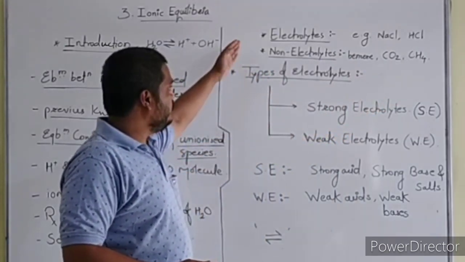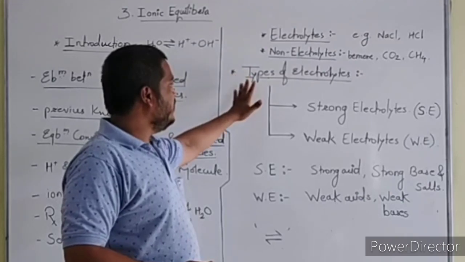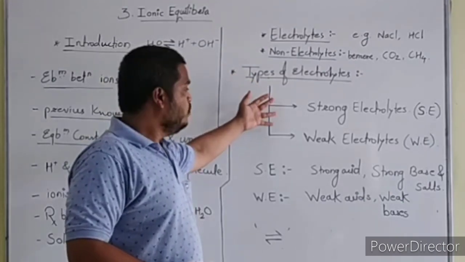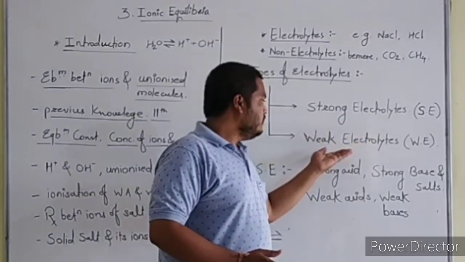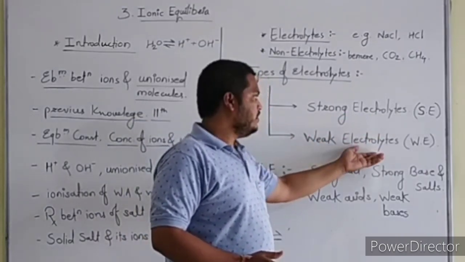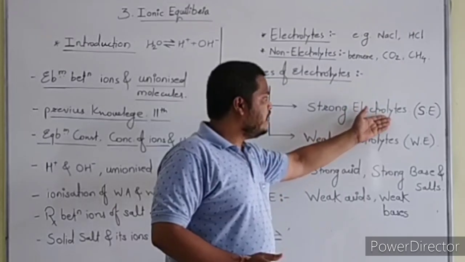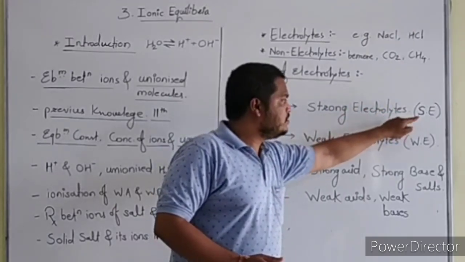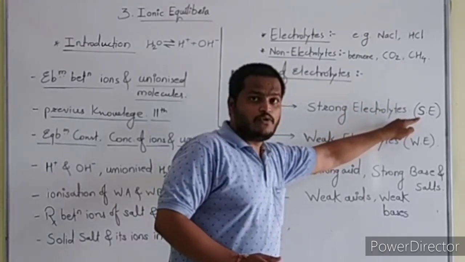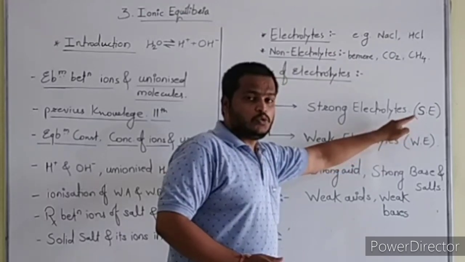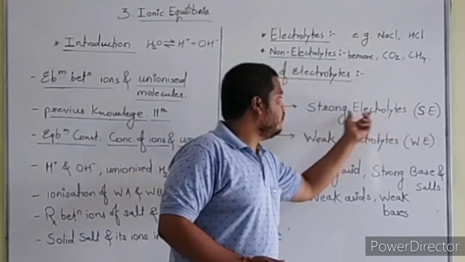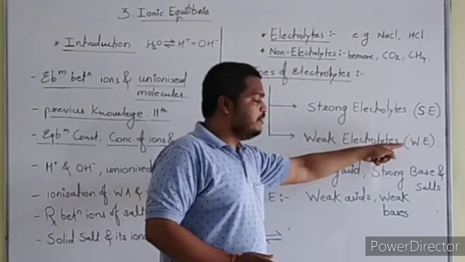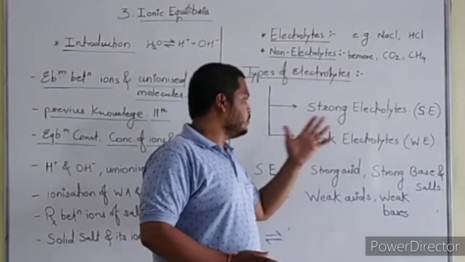On this basis, electrolytes are divided into two types. First one is strong electrolyte, other is weak electrolyte. The shortcut used for this is SE. Note that afterward I am using SE for strong electrolyte and WE for weak electrolyte.